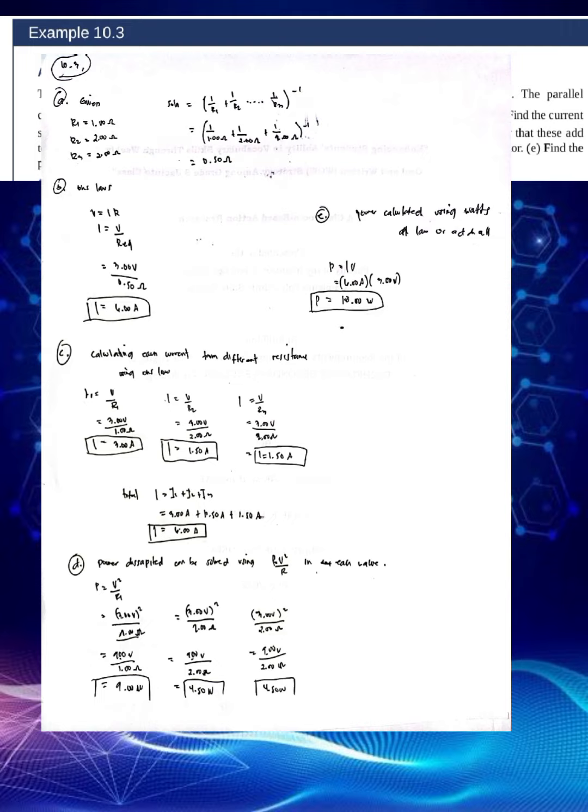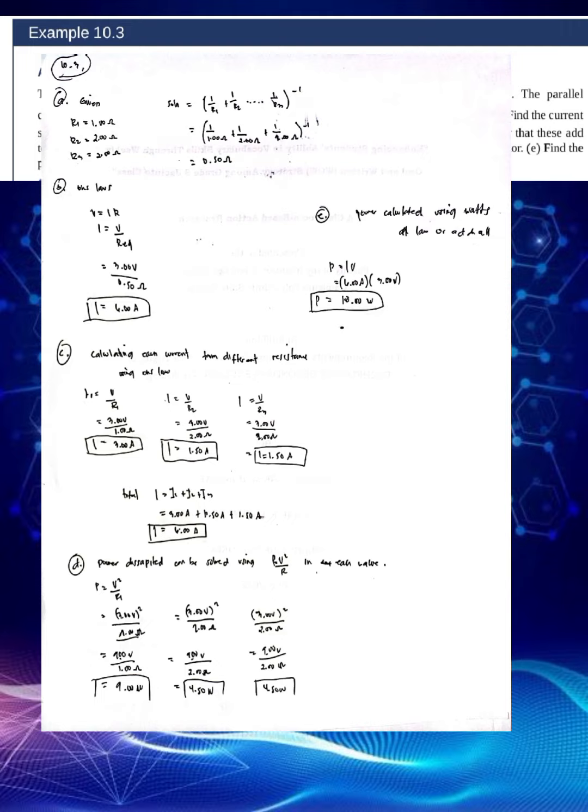So that is the current. And for the C, calculate the currents to each resistor and show that these add together to equal the current output of the source. So calculating each current at the different resistances using Ohm's law.